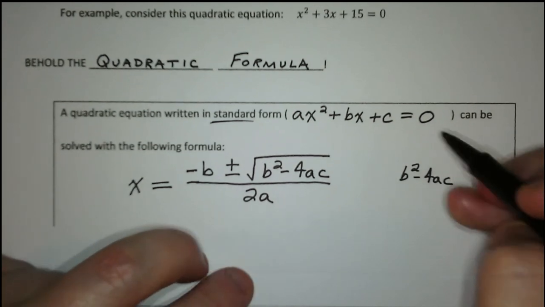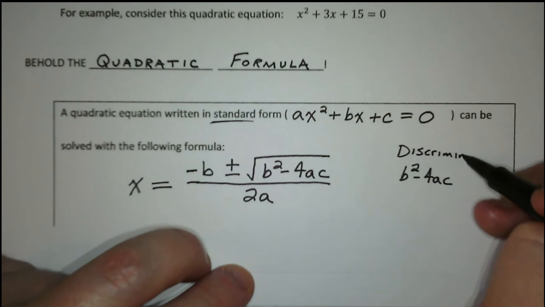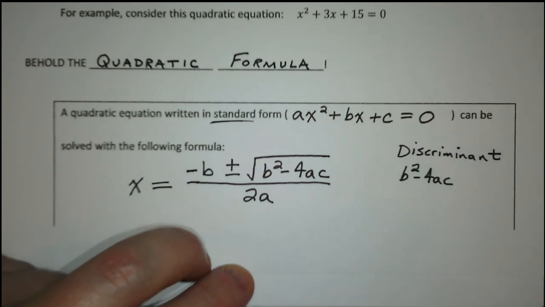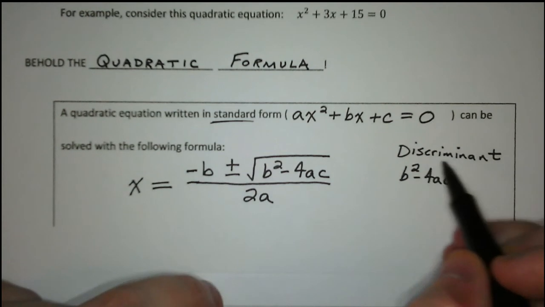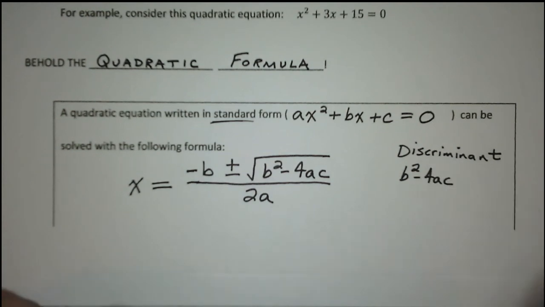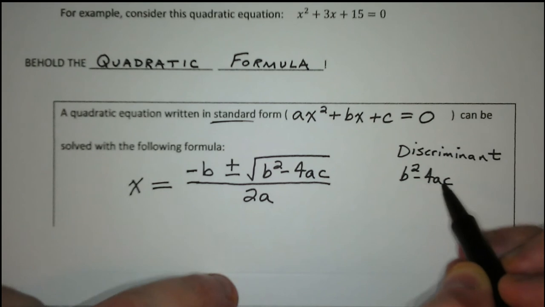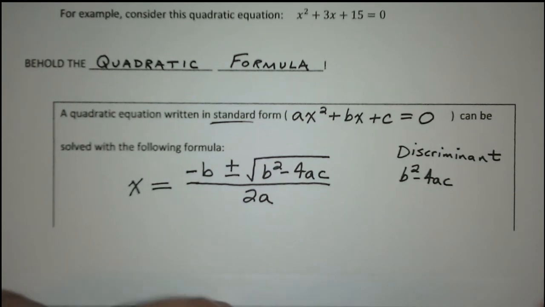We call it the discriminant. You don't need to remember the word so much, but for your test anyway, this very important part of the formula, the part that's underneath the square root, is called the discriminant.